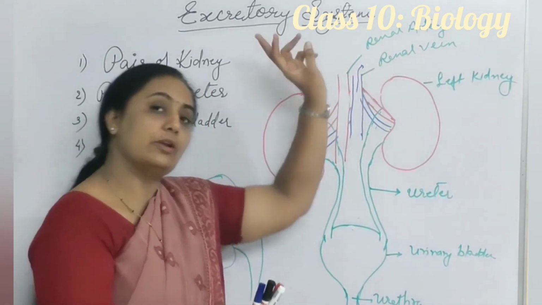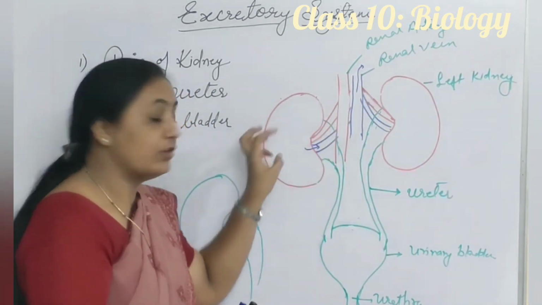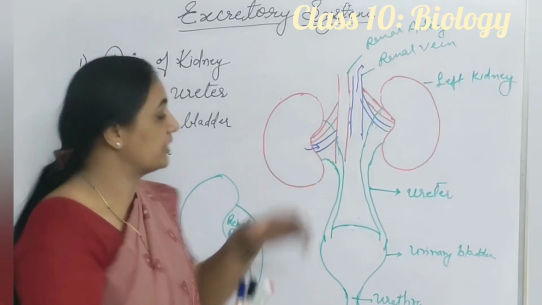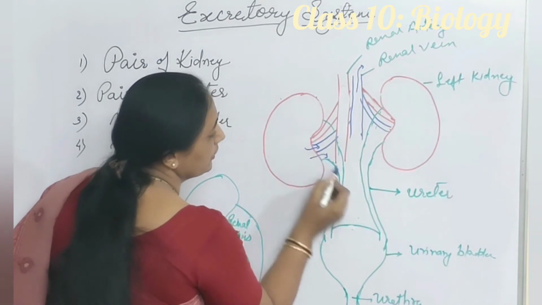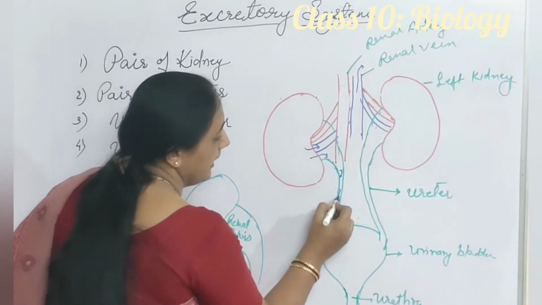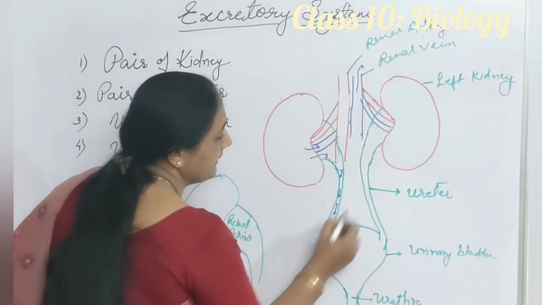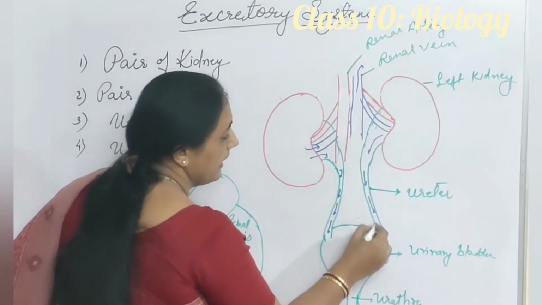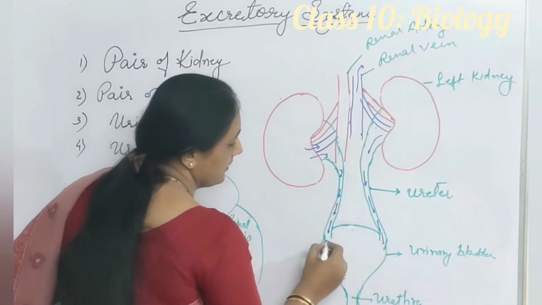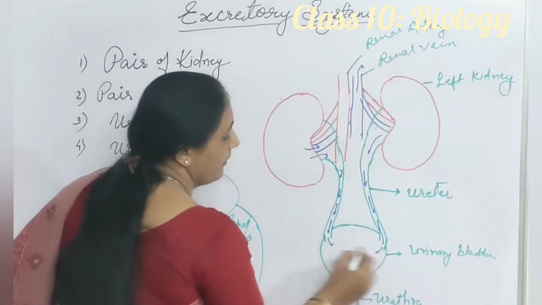So this renal vein opens in the vena cava, and the waste material after filtration comes out in the form of urine through this ureter. The ureter brings that urine from the kidney and passes it to the urinary bladder.